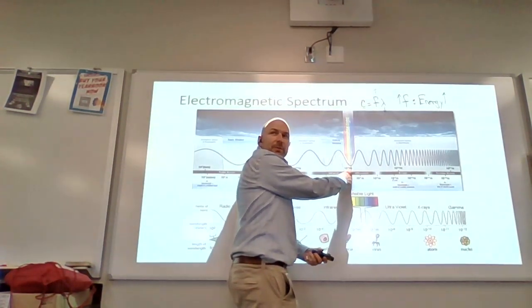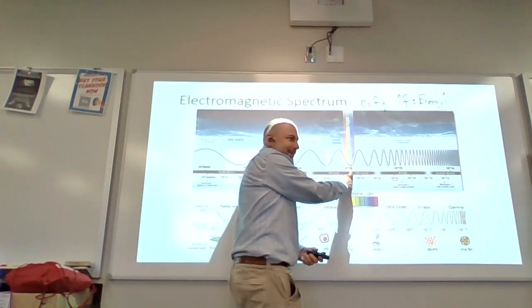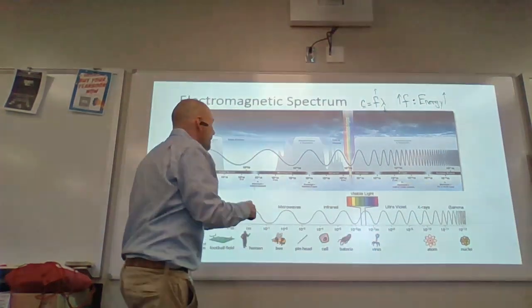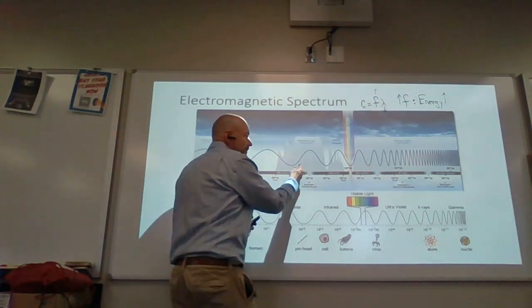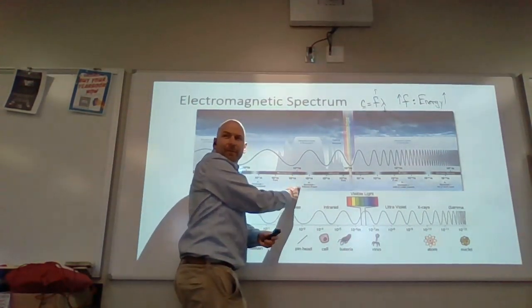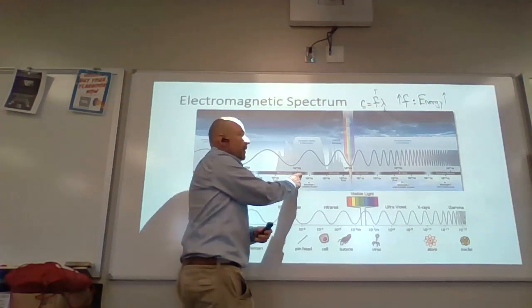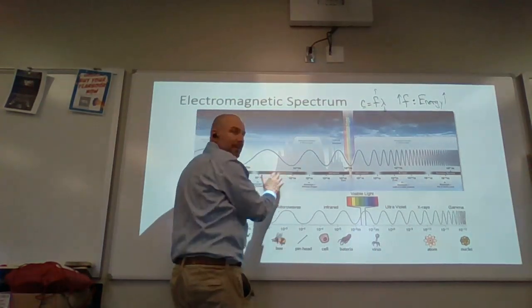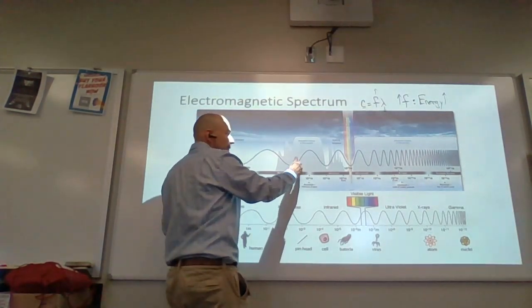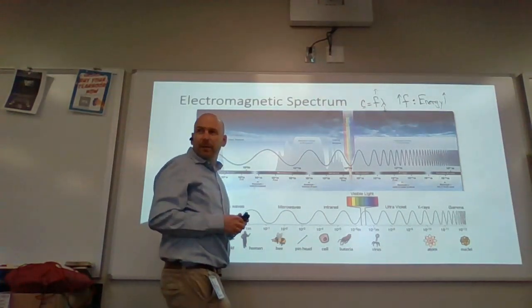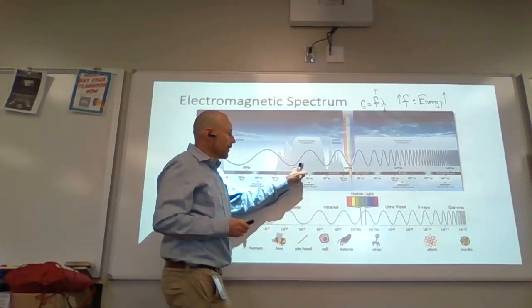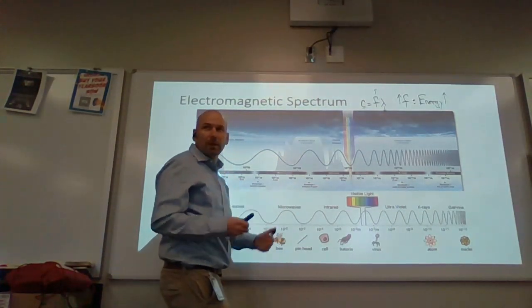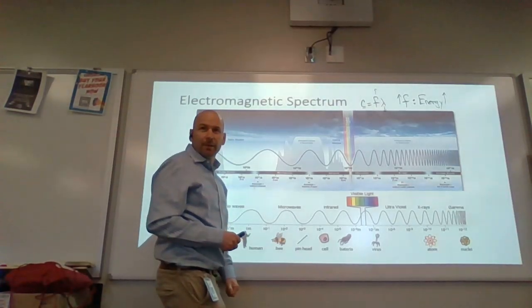Visible light gets through. That's really nice because we can see stuff outside of our atmosphere, like everything else that exists. The specific frequency of water resonating, all this other stuff gets blocked by our atmosphere. Good thing.